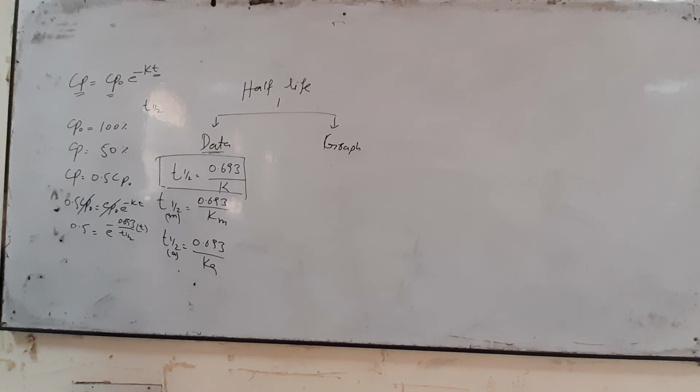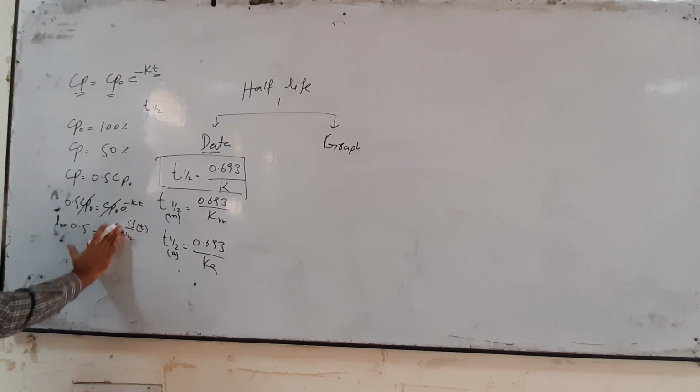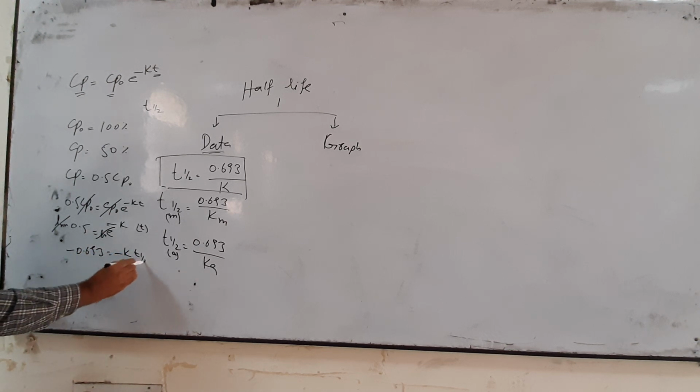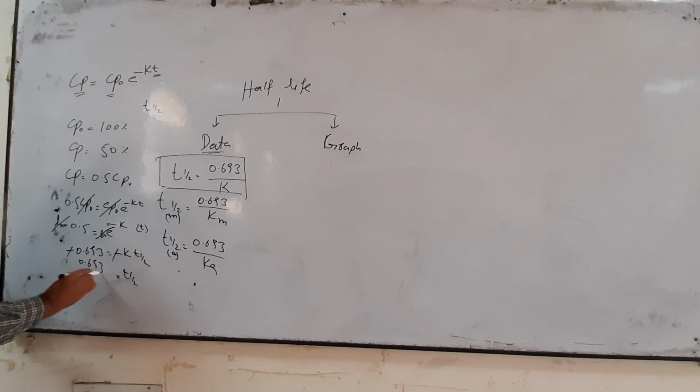We will take the natural log of these two, and by taking the ln, we will write only minus Kt here. The ln of e is cancelled. We get ln 0.5 equal to minus K T half, so T half will be 0.693 over K, the minus signs cancelling. I have already told you this when we discussed our first order kinetics concept.